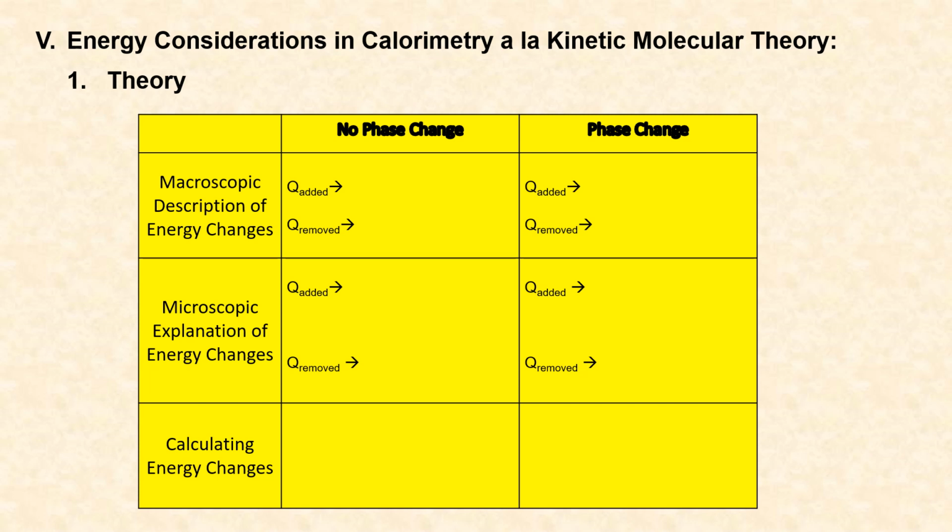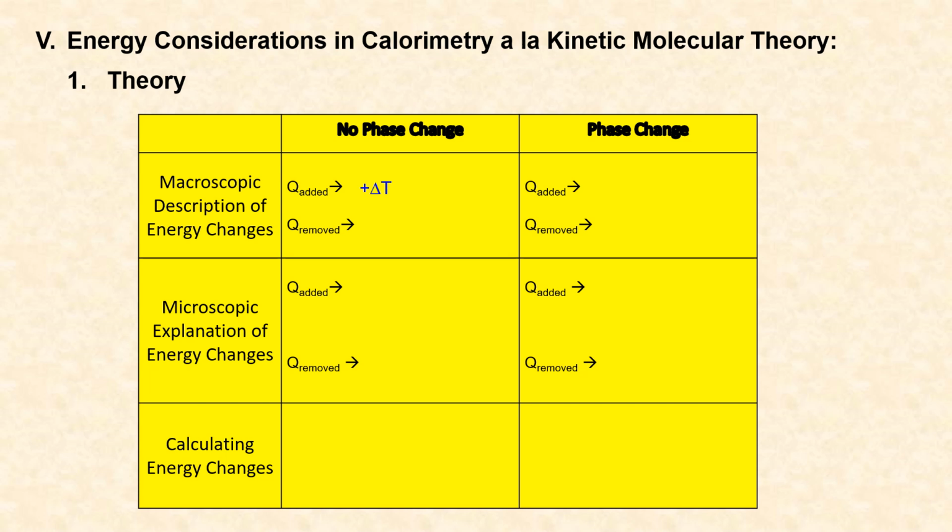So let's review and generalize some of these concepts we introduced in the previous slides. Specifically, we're taking a look at the energy changes involved in the calorimetric process. We'll look at these energy changes from both a macroscopic and microscopic perspective. So when we add heat to an object and there's no phase change involved, the heat added simply goes into increasing the temperature of the object.